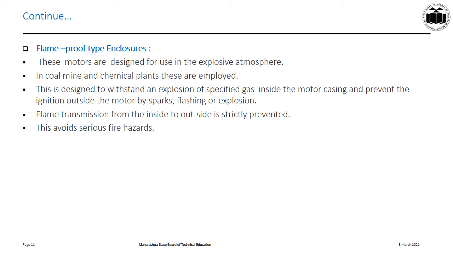Now next is flame proof type enclosure. These motors are designed for use in explosive atmospheres, for example, coal mines and chemical plants. These are designed to withstand an explosion of specified gas inside the motor casing and prevent ignition outside the motor, which may result in the form of spark, flashing or explosion.